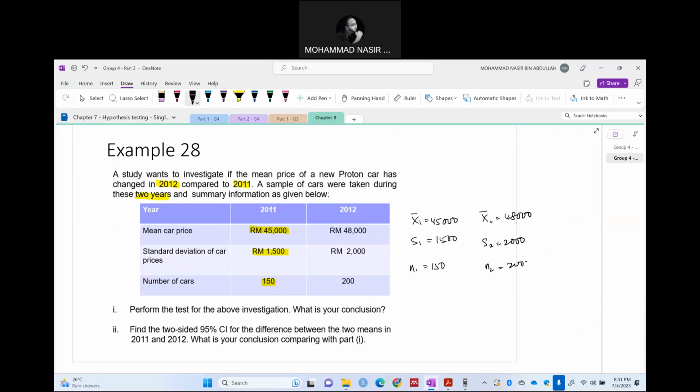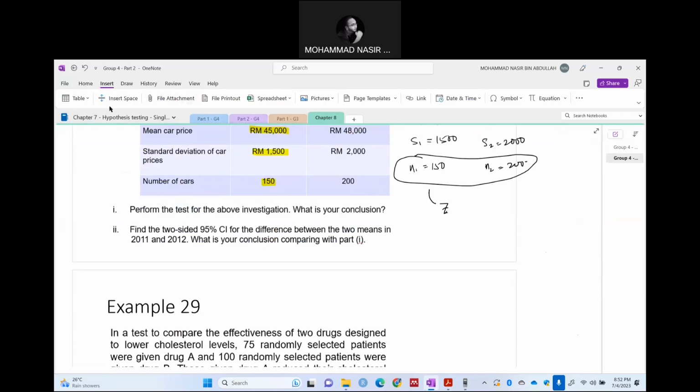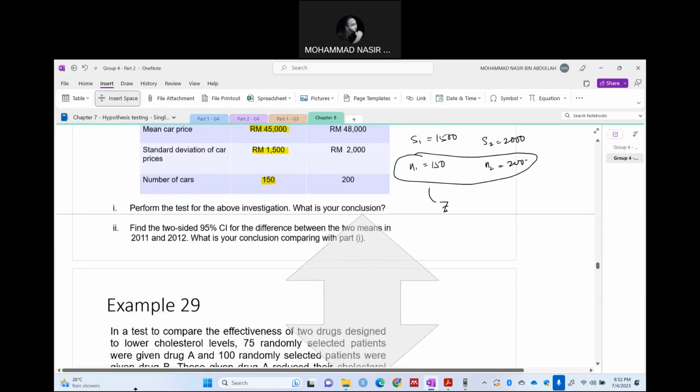So in this case, the population variance is unknown, right? We don't know the population variance. And if you look at the sample size, it's more than 30, right? So we're going to use the Z distribution, Z statistics. Perform the test for the above investigation. What is your conclusion?